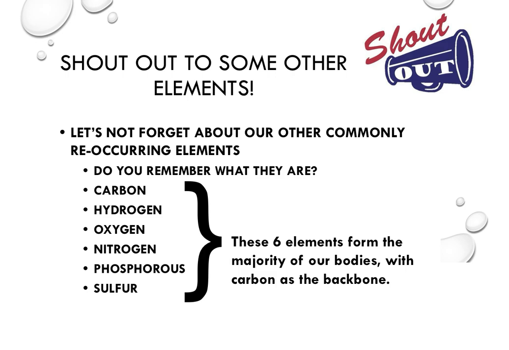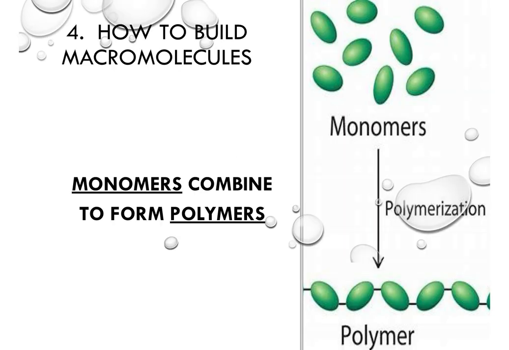So again, let's give a shout out to these elements. One of the things we want to know as we go through them is which elements are in which macromolecule. So again, we have our carbon, hydrogen, oxygen, nitrogen, phosphorus, and sulfur, aka CHNOPS.